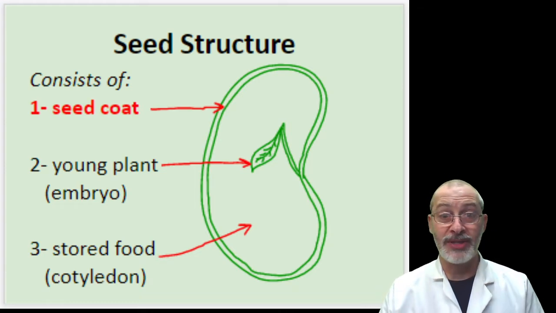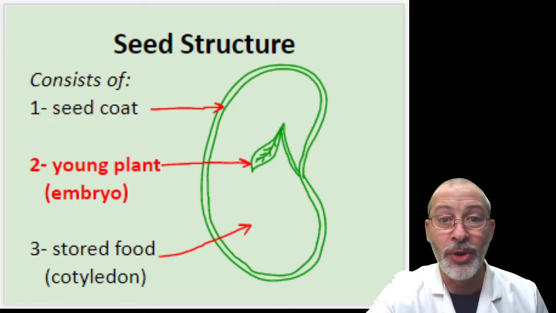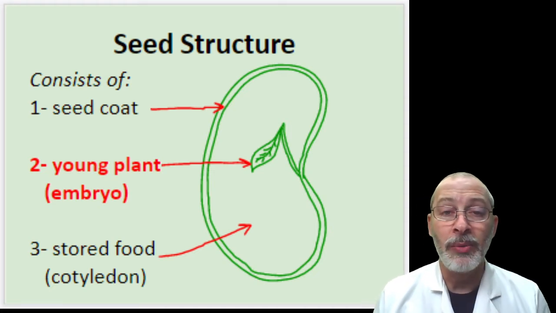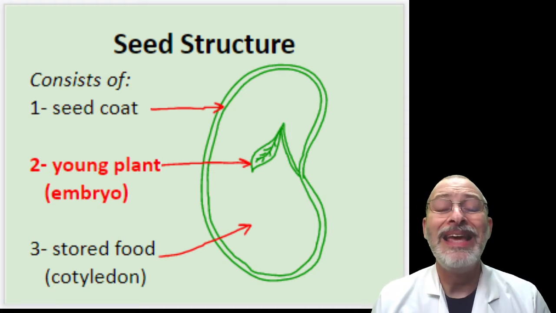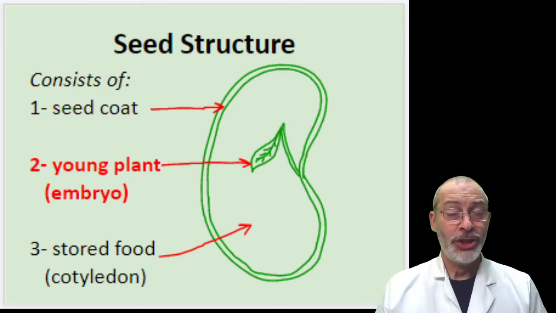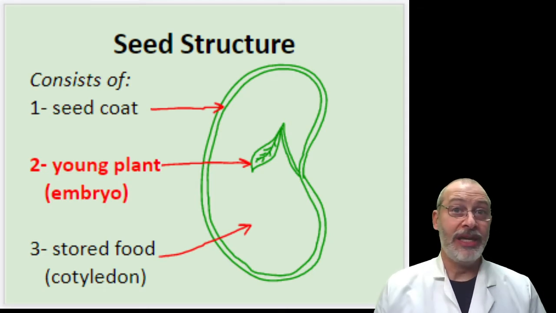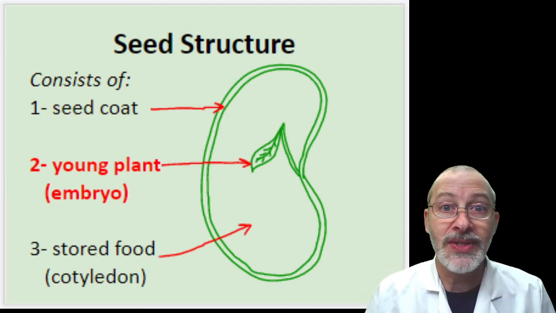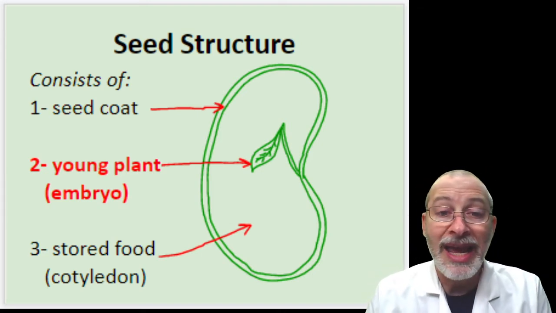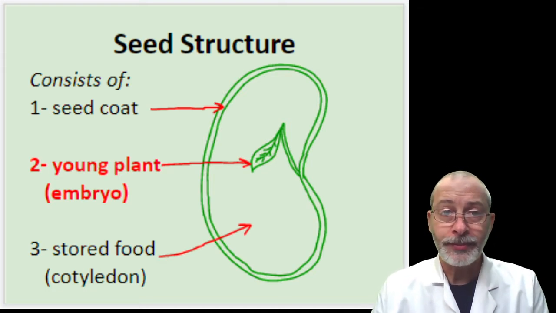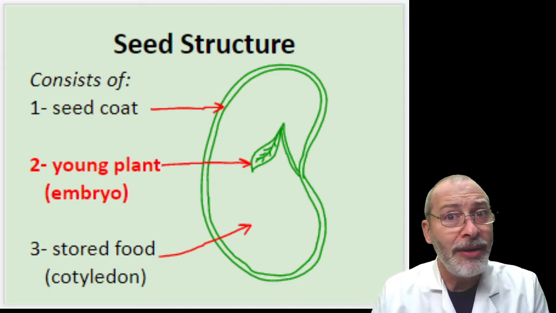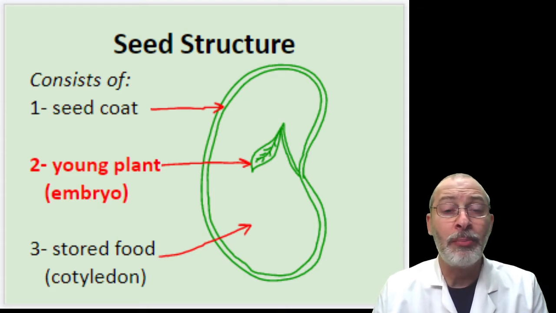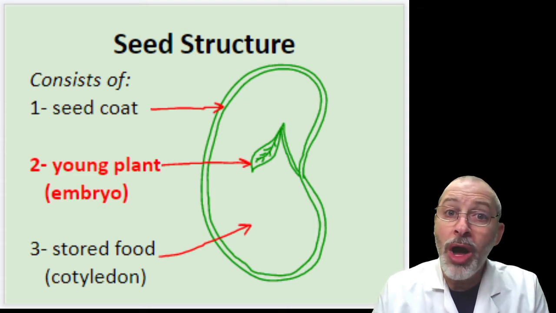And what are they protecting? Well, first and foremost, they are protecting that young plant. And we call that young plant an embryo. Just like humans begin as an embryo, so do plants. And if all goes well, when the seed germinates, that embryo, that young plant, will begin to grow.